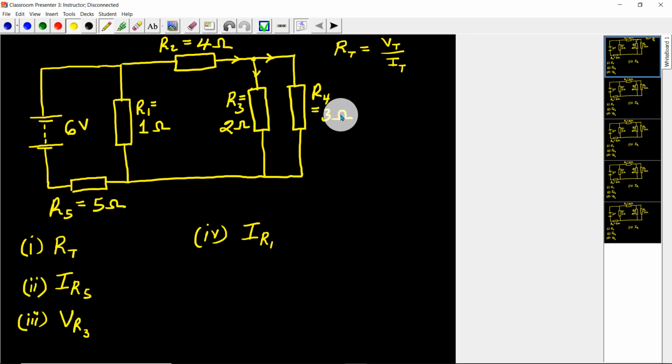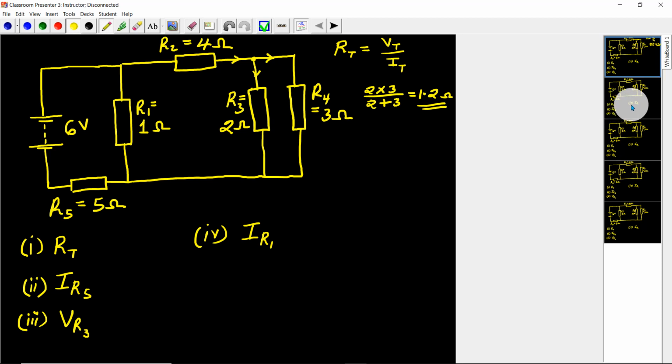So R3 and R4 are in parallel, and I can get one resistor which can represent these two. If they are in parallel, then I can do product over sum. I can multiply 2 times 3 divided by the sum, 2 plus 3, and I get 1.2 ohms. So there is a single resistor which is going to represent these two.